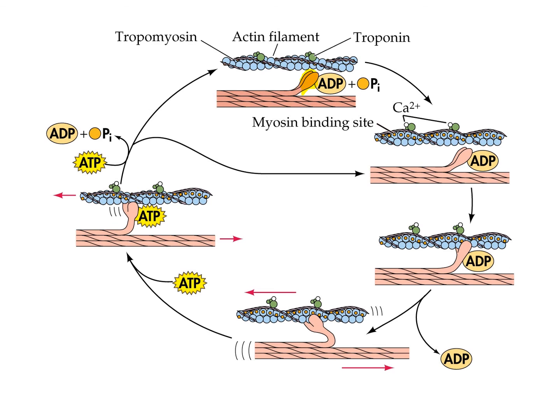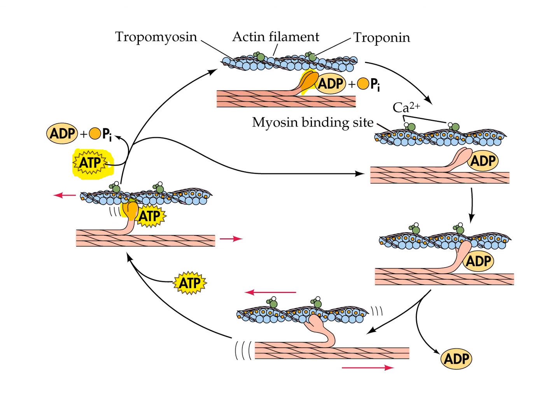It is the release of the myosin head. So when that gets released and then gets bent forward like that, that's what takes some energy. That's what requires ATP. Remember, all contraction requires energy to be available, and that energy is in the form of ATP.